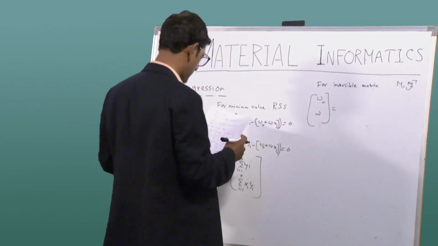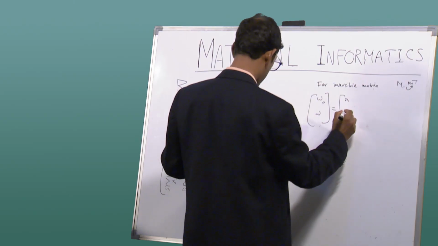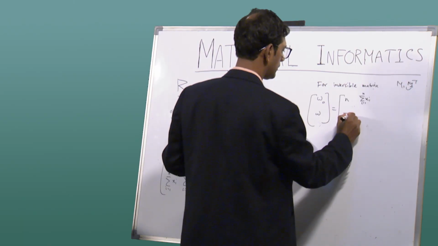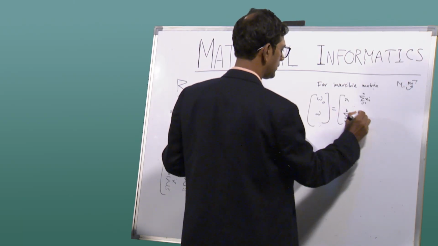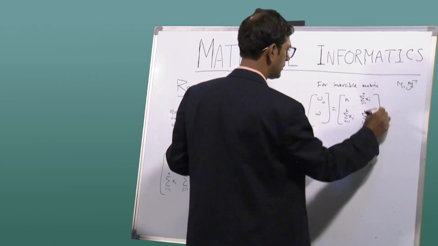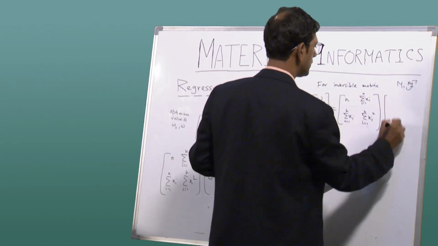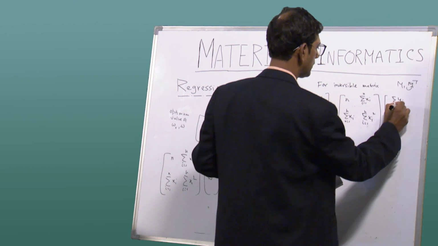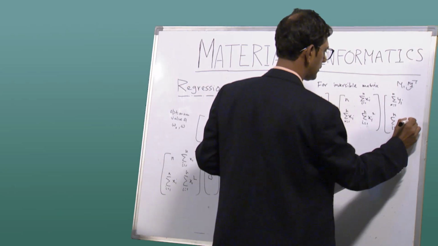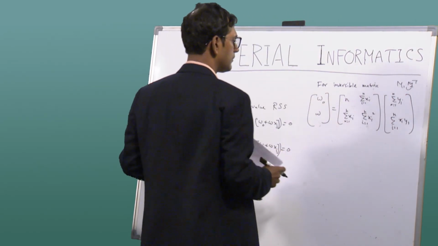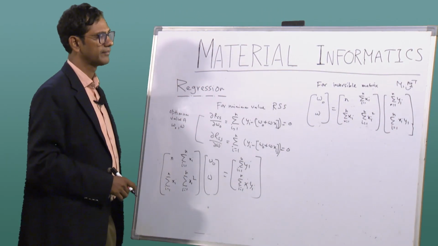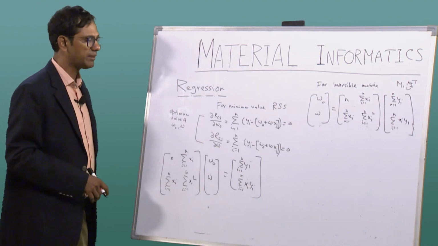as like this. So, these are my values of W naught and W, simply in terms of matrix.